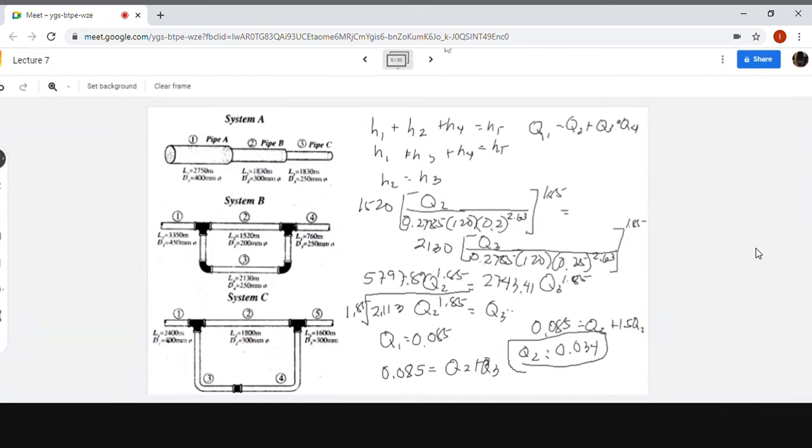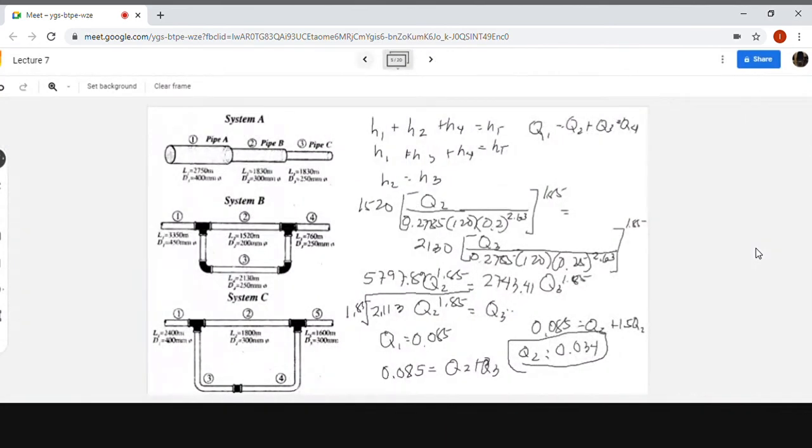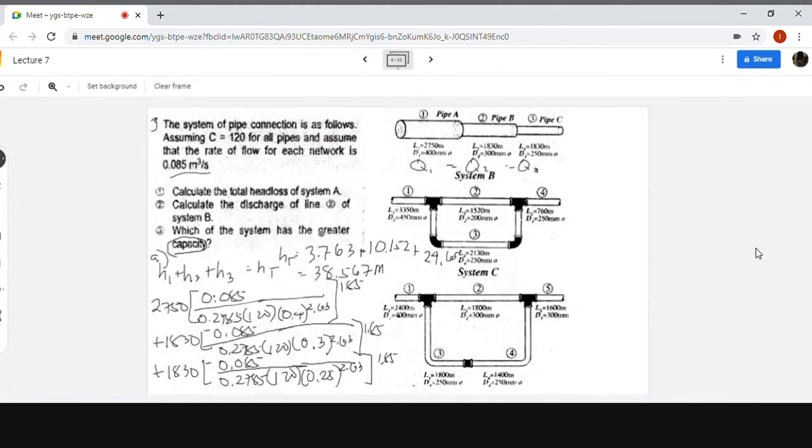Okay, question letter B. Number 2, calculate the head loss of line 2. After that, you get the head loss, which we will use in C: which of the systems has the greater capacity.